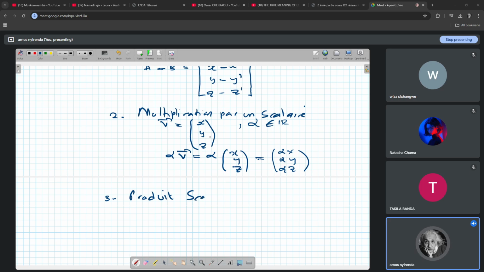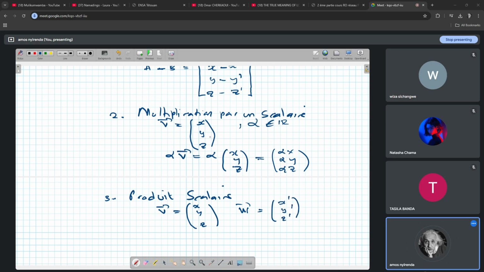So produit scalaire. So let's say we have two vectors. Now let me just allow myself to again use once more v and maybe w this time. So let's say we have x, y, and z, like so, and then w, and here we're going to have x prime, y prime, z prime.